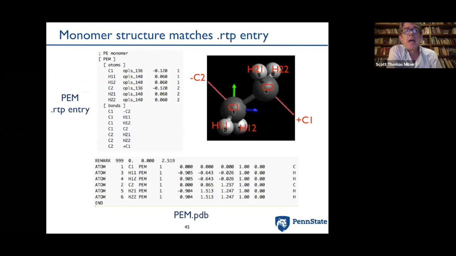And so as I was saying, the monomer structure in the PDB file, which is down there at the bottom of this page, matches in the names of the atoms, and the residue being called PEM and so on, matches the residue topology file entry. And that was edited by hand.